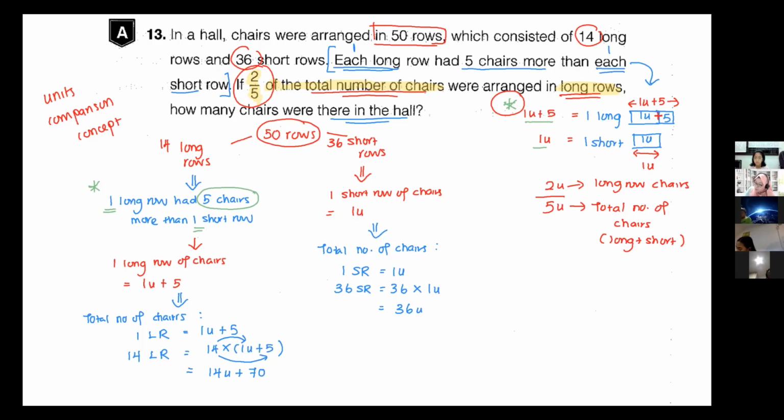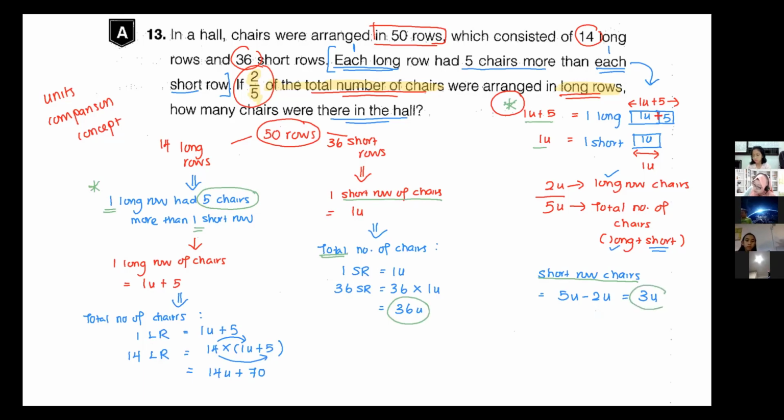Now, what is missing from here? I have my long row, but I do not have my short row chairs, right? So to find short row chairs, what do I do? I take 5 units minus 2 units and I get 3 units. Now, this is talking about short row chairs, which I already have, and I also have the total of the short row chairs, which is 36 units.